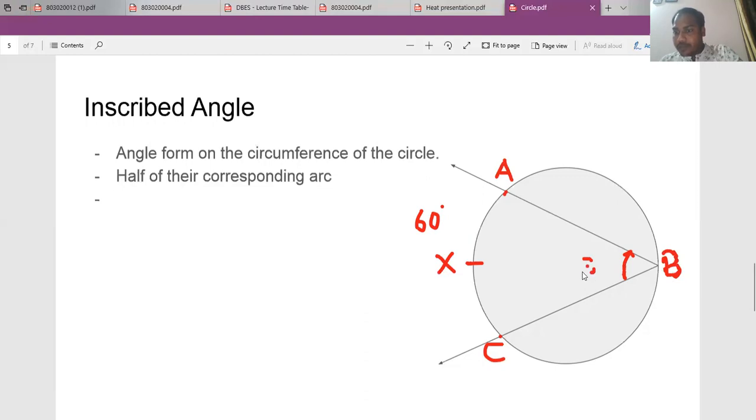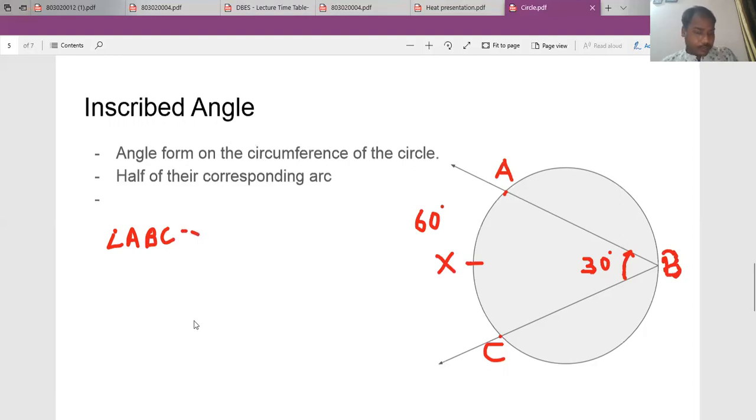How? Very simple. The inscribed angle is half of its corresponding arc. So whatever arc value we have in front of it, half of that value becomes the angle. So at this place we can write the measure of the angle ABC.